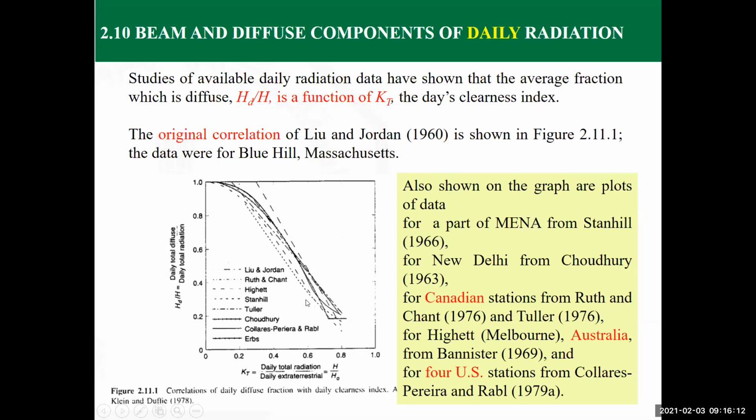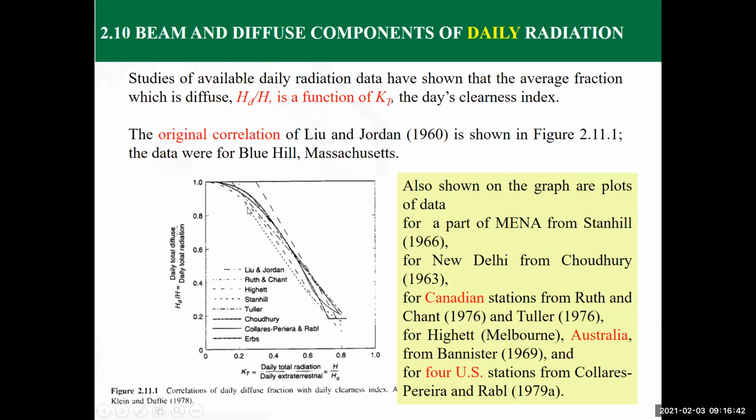And then Choudhury, which is this line with short vertical lines here, has been calculated in New Delhi. The Canadian station has been considered by Chan and Truller, then Hyatt in Australia and Bannister, and then the rest are basically US calculations.